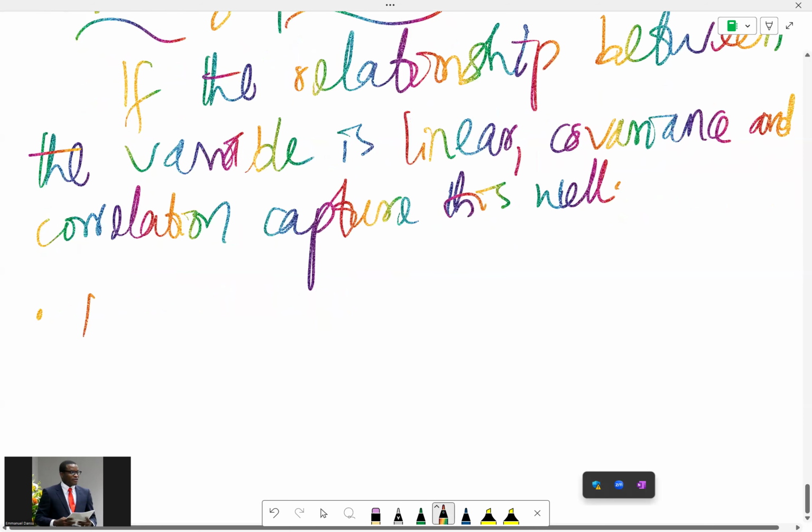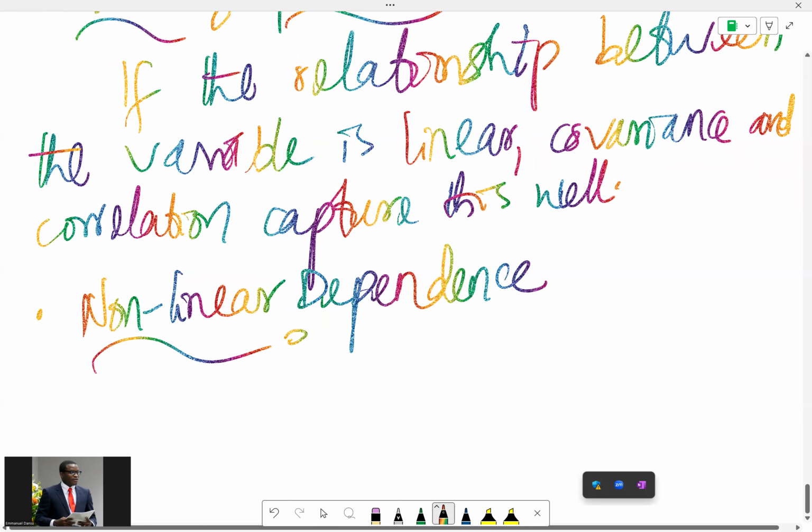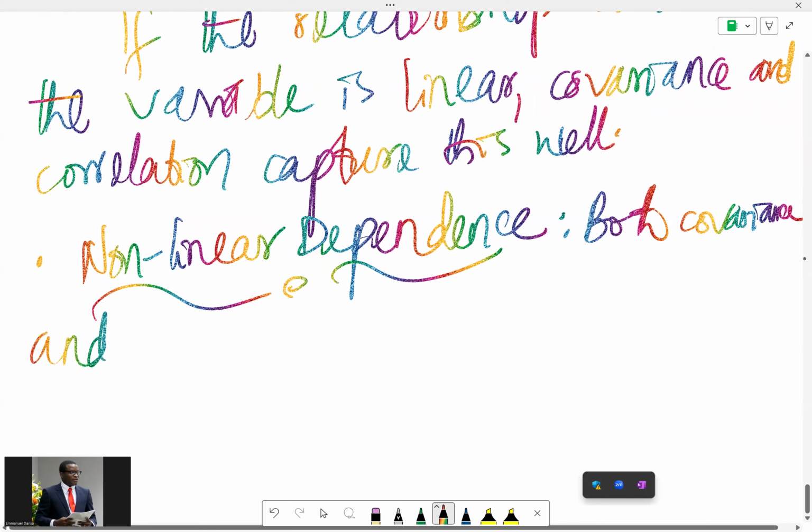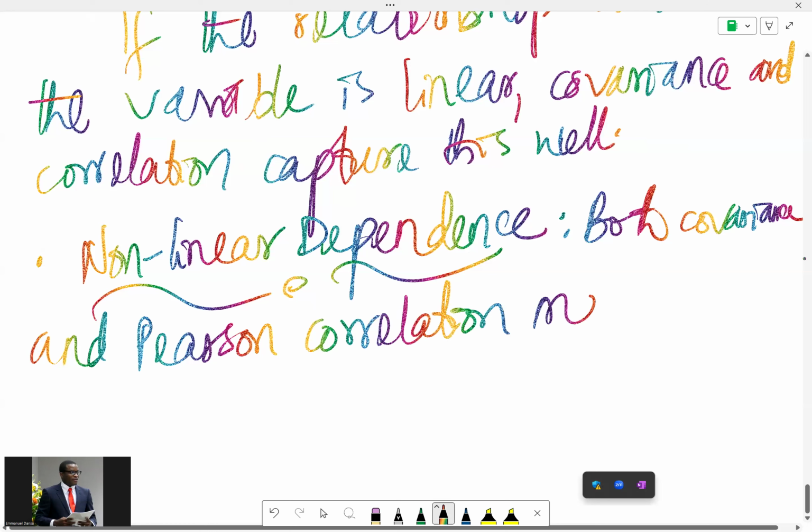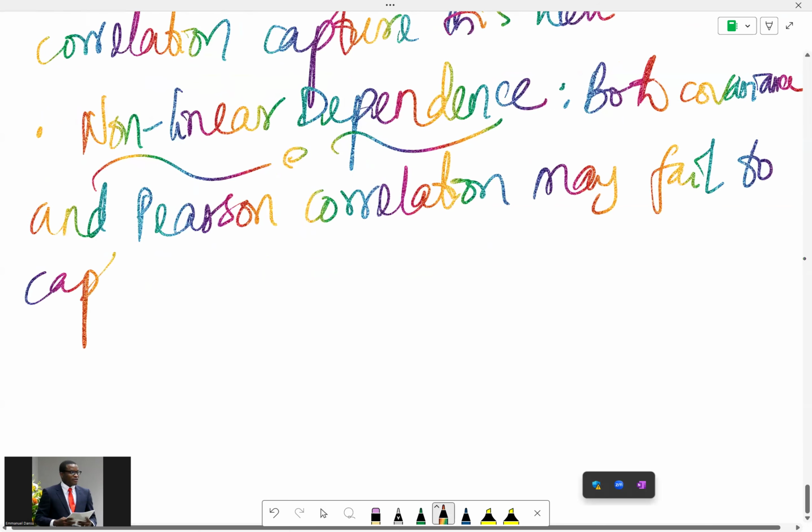On the other hand, if we have nonlinear dependence, both covariance and Pearson correlation may fail to capture non-linear relationships because in essence they are linear.